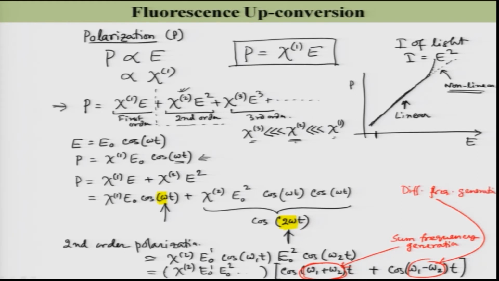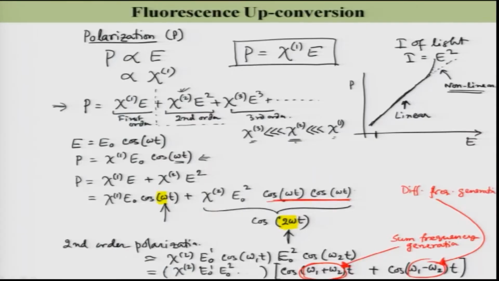What we have seen is that this is sum frequency generation, and this case is a special case of sum frequency generation when both the colors omega 1 and omega 2 are the same and equal to omega. So, this special case is known as second harmonic generation. That is it.